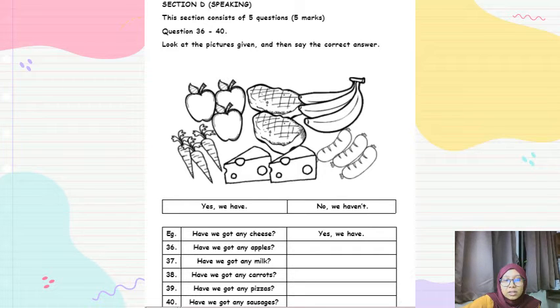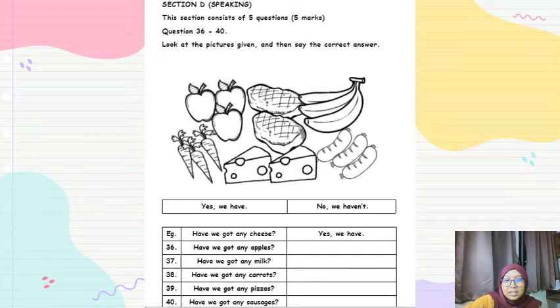So here the students need to look at the picture first. What are the foods that are visible in this picture? And then they have to answer whether yes we have or no we haven't. So for example, I have put it here, have we got any cheese?